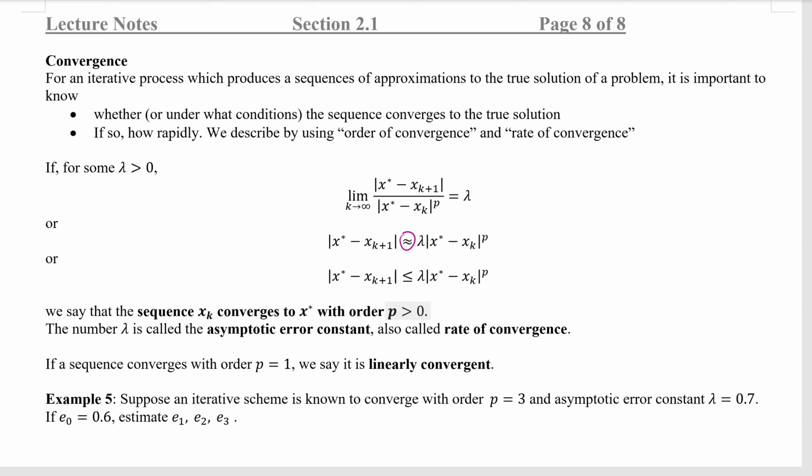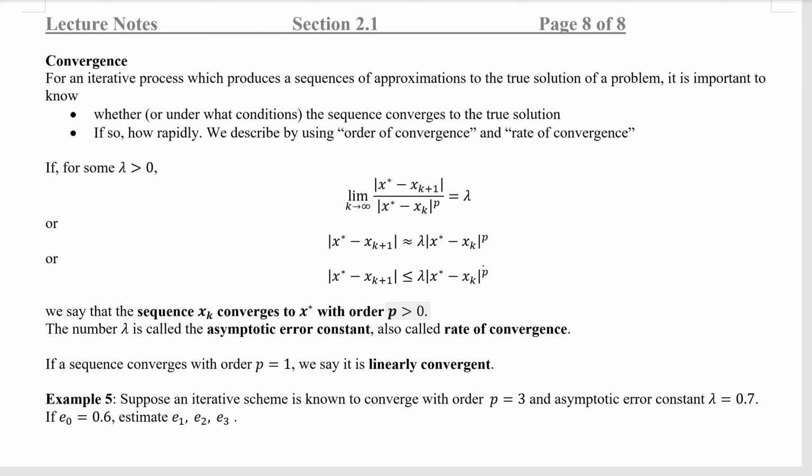But if you don't write the limits, we get approximately equal to, or we can have less than or equal. So they're the same thing. Then we say the sequence xk converges to the true value with order p.